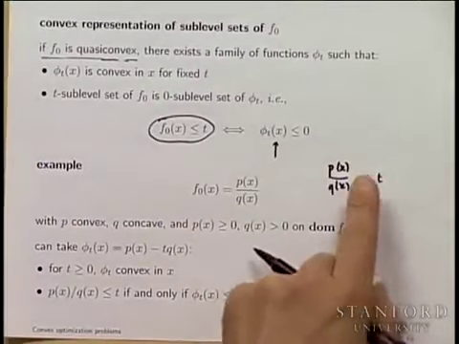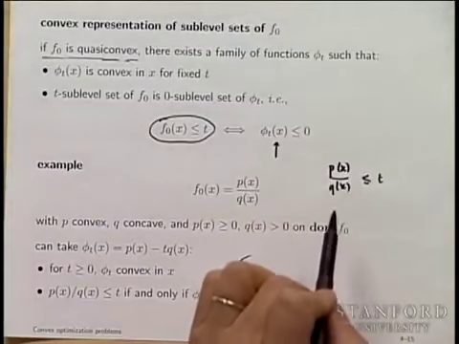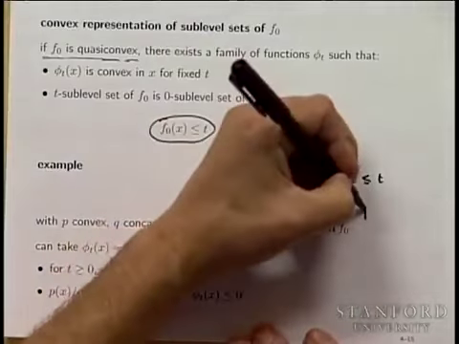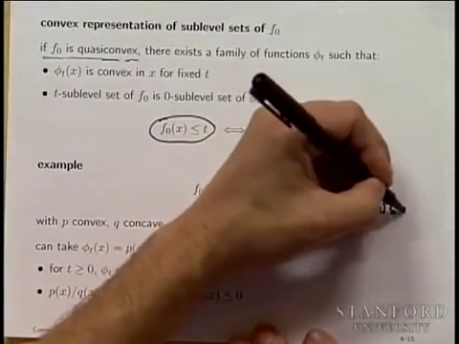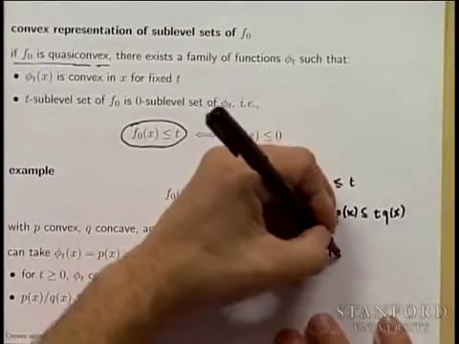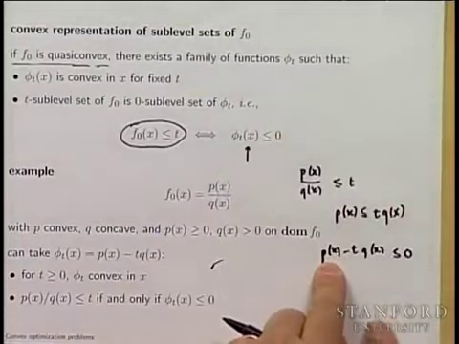By the way, if this were a convex function of x and t, that would be the proof that the function is convex in x. It's not convex, it's quasi-convex. That means t is considered fixed, and you want to know whether the set of x that satisfies this is convex. You multiply through and get p of x less than t times q of x. I write that as p of x minus t q of x less than 0.